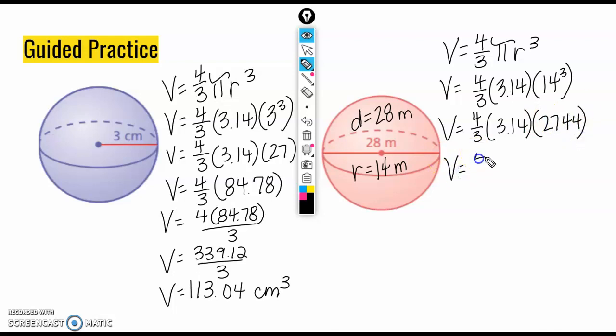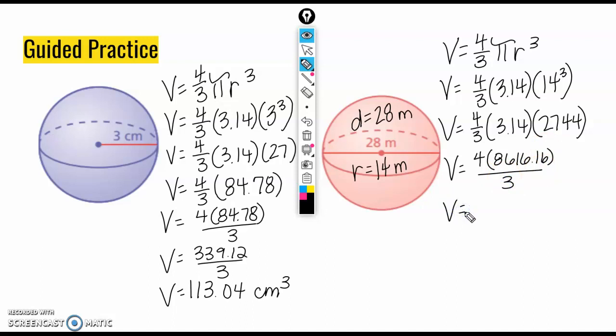Now we're going to multiply 4 times the 3.14 times 2,744, which is 8,616.16, and then we divide by 3 at the very end.